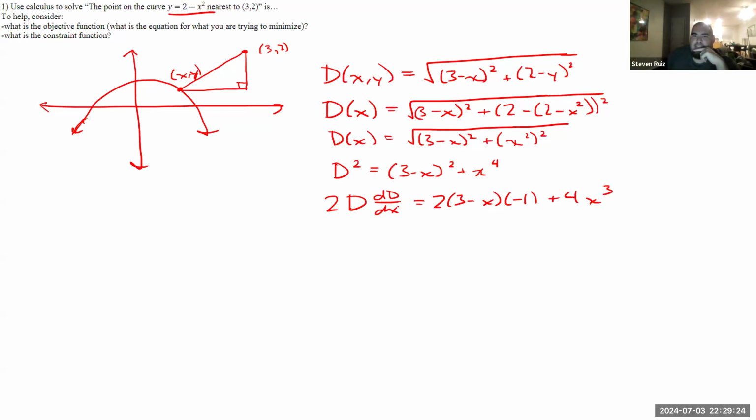And I want to set dd/dx to 0 because that's where critical points happen, when my derivative is equal to 0. So if I set that equal to 0, then the left-hand side becomes 0.